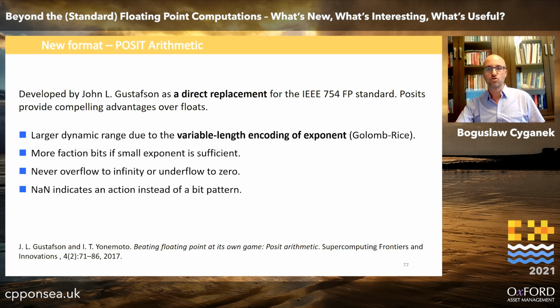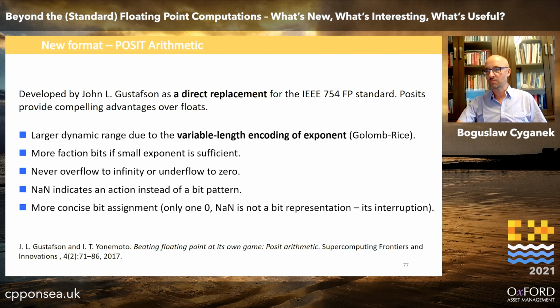Not a number: there is no bit representation for not a number. This is a situation which happens if it happens, so it can be processed by an interruption. So, more concise bit assignment. What we are using here in POSITs is this dynamic size of exponent and fraction, but we also take advantage of these extra bits which are reserved for not a number in the IEEE standard and which are just a waste of space in many cases.